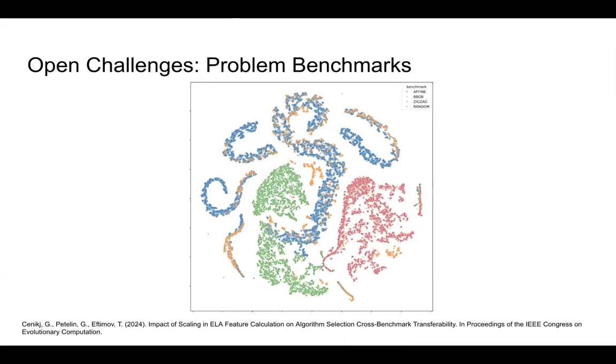So on this plot, for example, we have 2D visualizations of the problems inside our beloved BBOB, which are the orange dots here, and then we have problems from other generators. So you can see that the problems are covering a completely different part of the landscape.